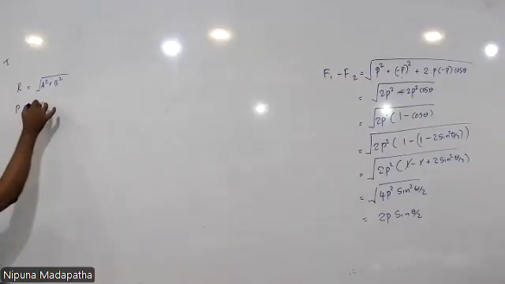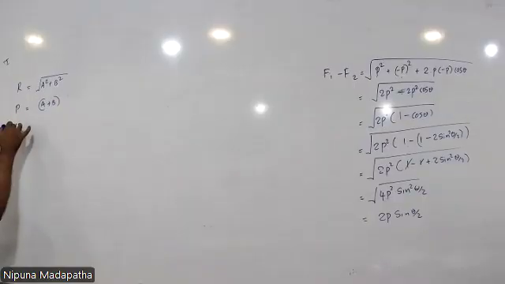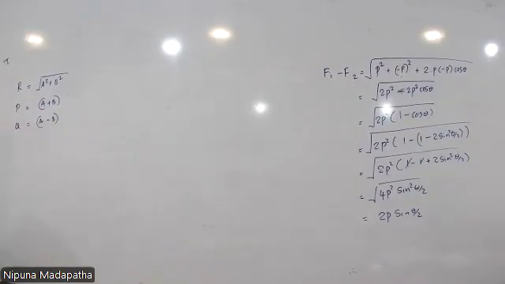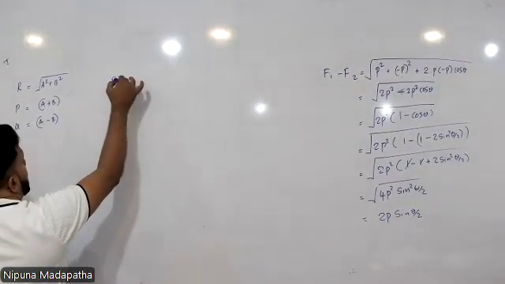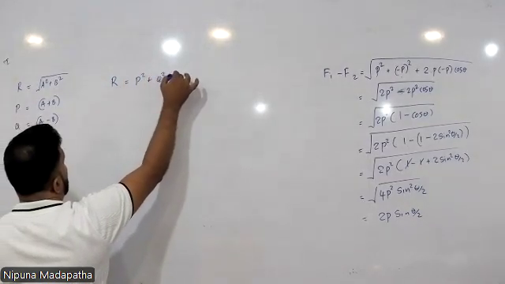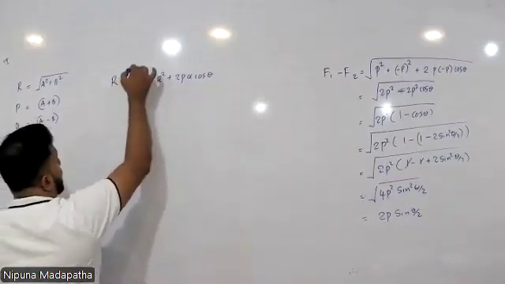One vector is A plus B, the other vector is A minus B. Use the expression R equals the square root of P squared plus Q squared plus 2PQ cosine theta.